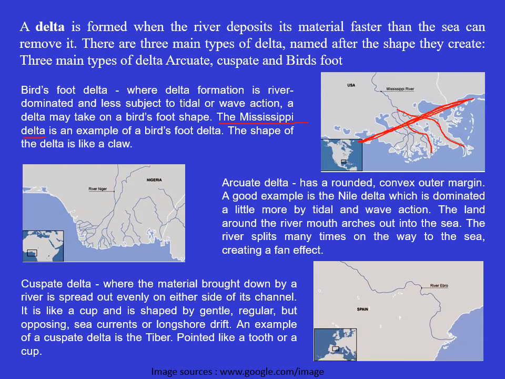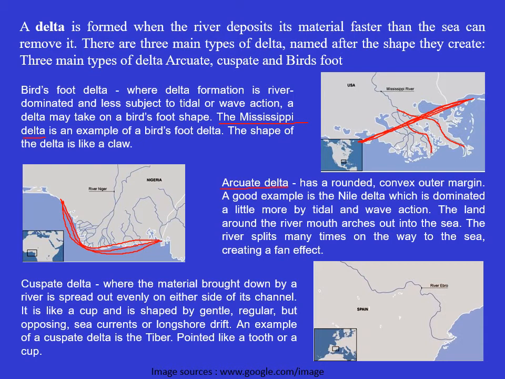So that forms this kind of arcuate delta shape. This is known as arcuate delta. So in arcuate delta, the density of river water and seawater is almost the same, so they are evenly distributed in a fan shaped pattern.